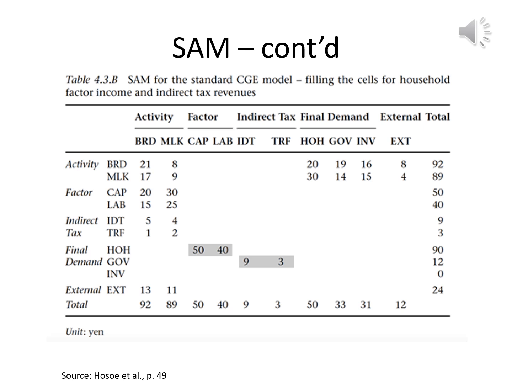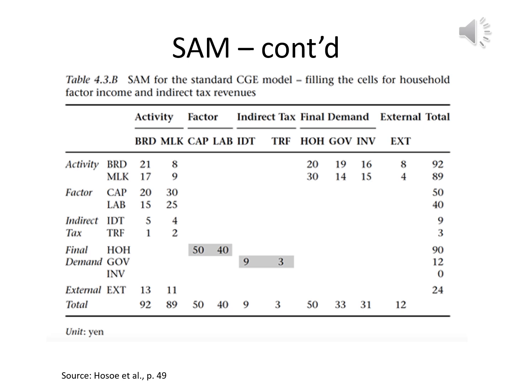And you can easily recognize again, just like what we did for factor accounts, that the row sum for indirect tax IDT is 9, which we originally knew from the beginning, and TRF is 3. Because these are the only numbers you see in the IDT and TRF columns, these column sums, 9 and 3, are equal to the row sums 9 and 3.